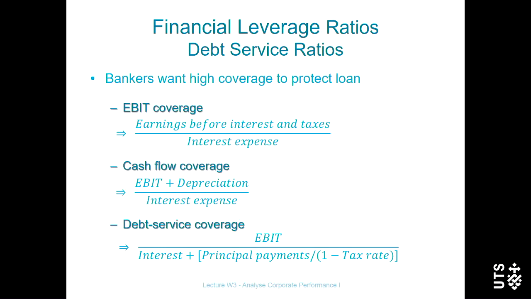So when you take debt, in some cases, lenders will have covenants saying you have to meet these targets in order for our contract to remain the way it is. And some of those covenants will refer you to a minimum coverage the company has to have.